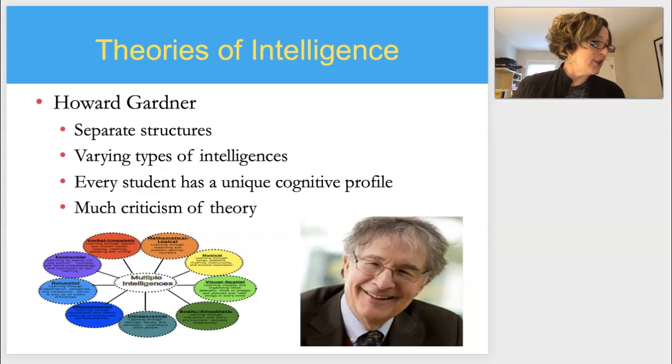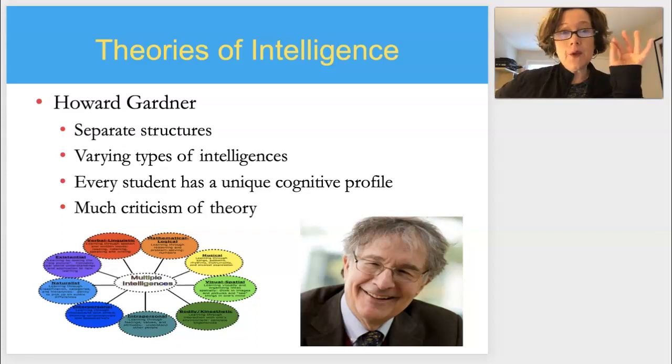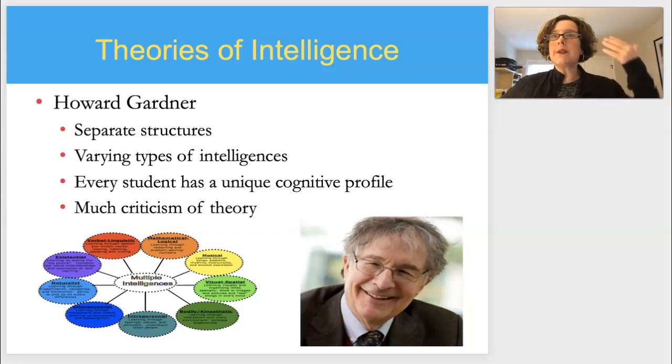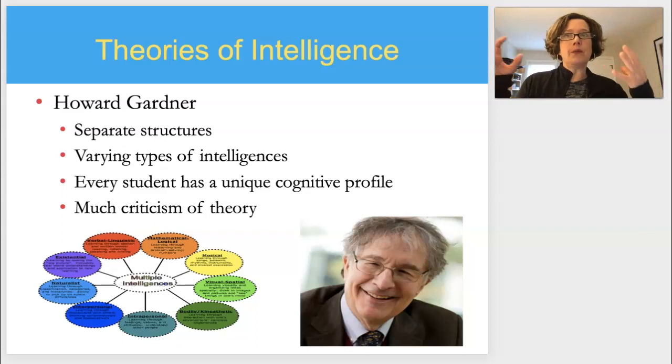So I'm going to read you a little bit from Scientific American. You probably did this at some point in your schooling career. You probably were assessed as a visual learner, as a kinesthetic learner, or as someone who learned better when there was music, or you put the content to music.